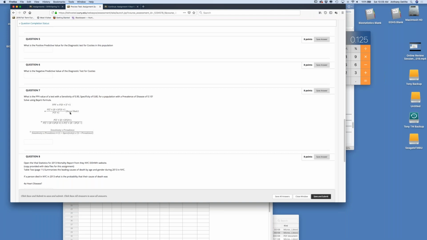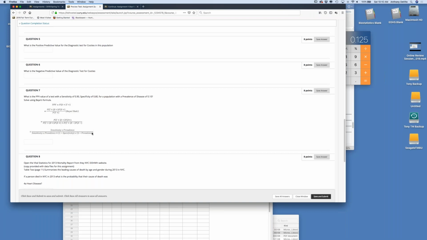Positive predictive value is a conditional probability. If you test positive, what's the probability that you have the disease? So it's the probability you have the disease given that you've tested positive.